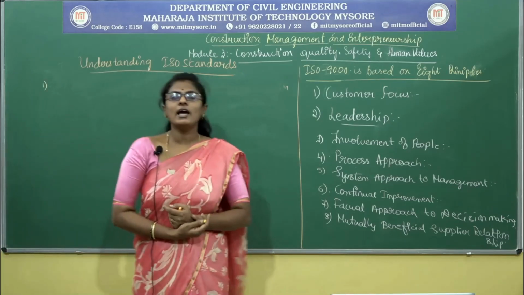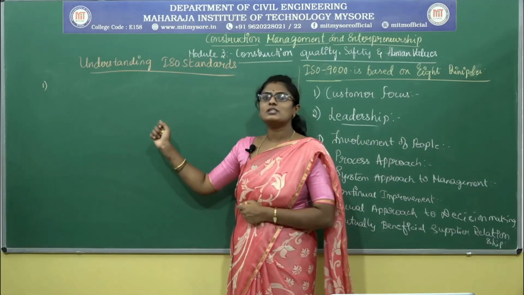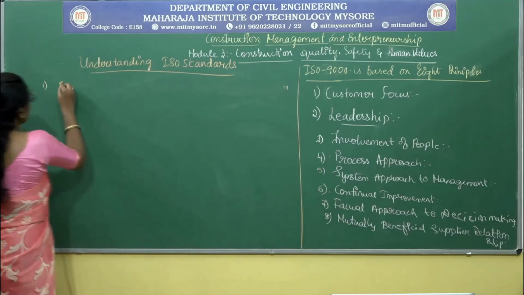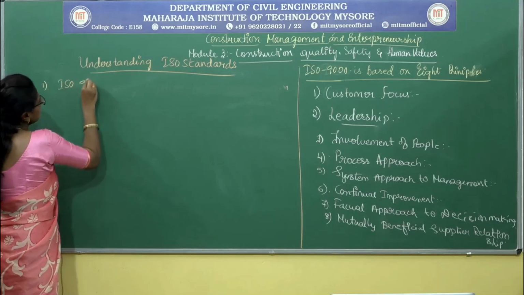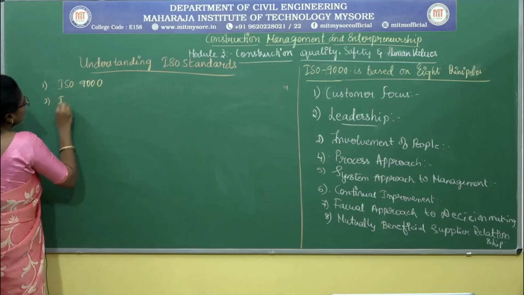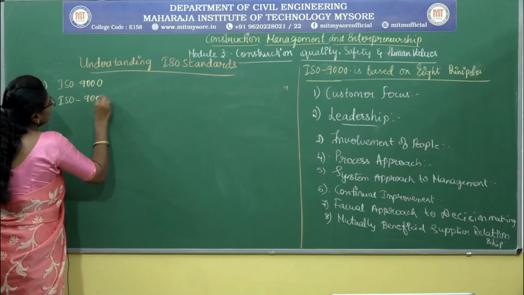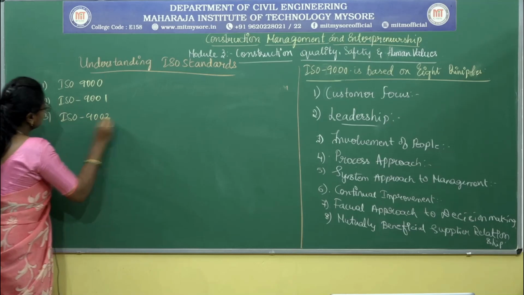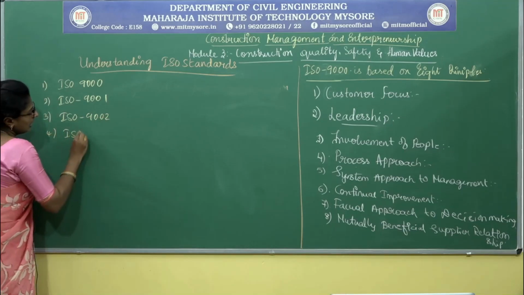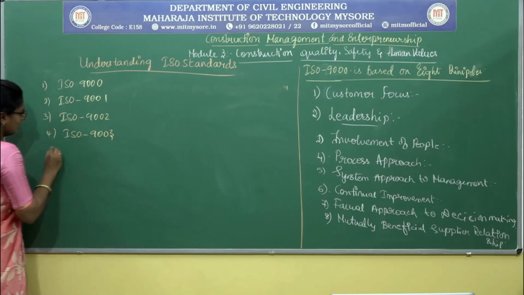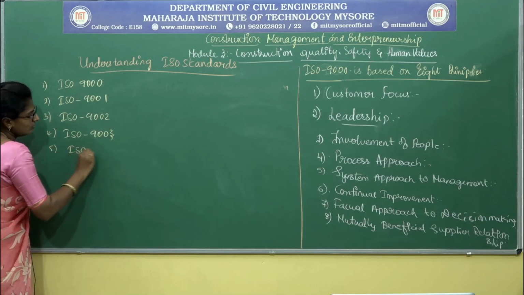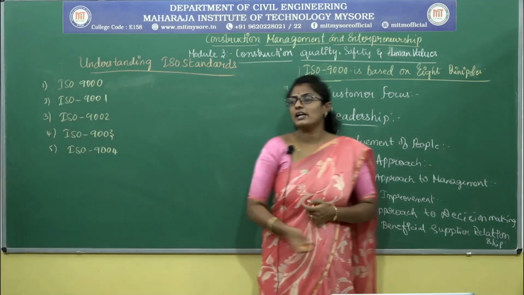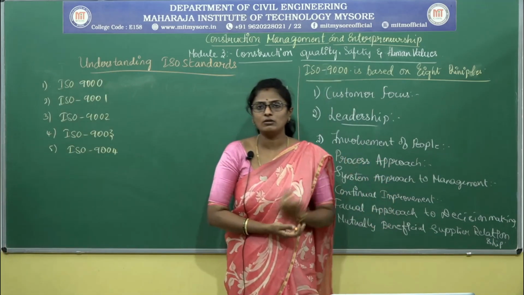So here we have 5 different ISO standards, which we are going to learn one by one in detail, that is ISO 9000, ISO 9001, ISO 9002, ISO 9003 and the fifth one ISO 9004.